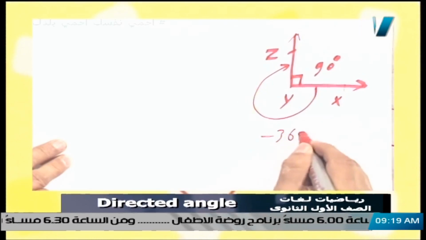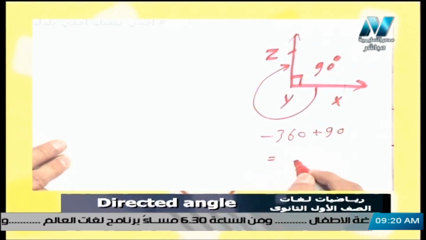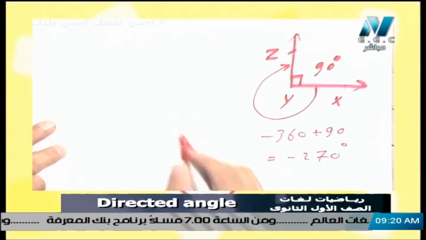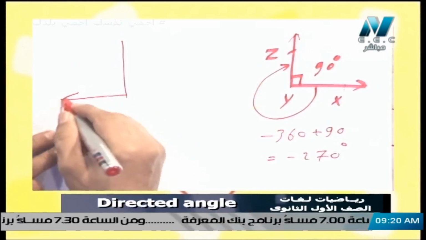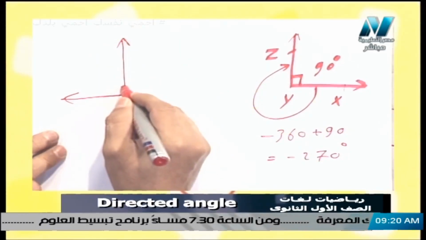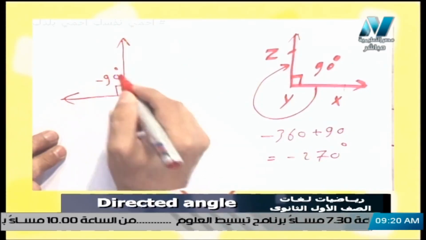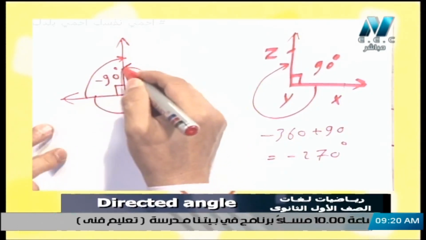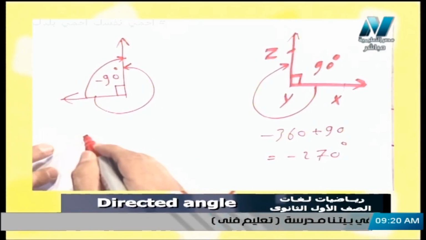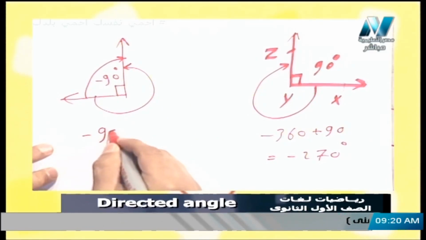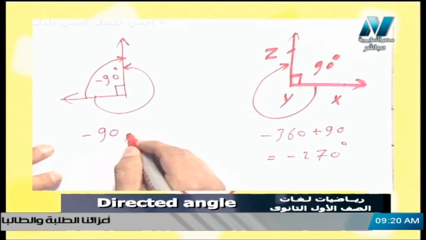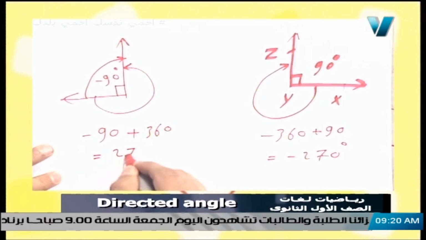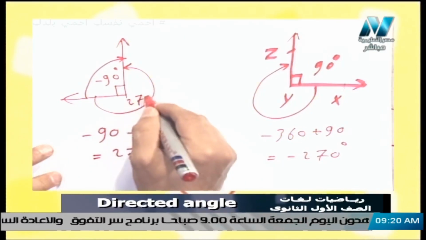Negative 360 plus 90, and the answer will be negative 270 degrees. But if we have a negative angle here, negative 90, and we want to find its positive angle, we calculate negative 90 plus 360, and the answer will be 270 degrees as the positive angle.